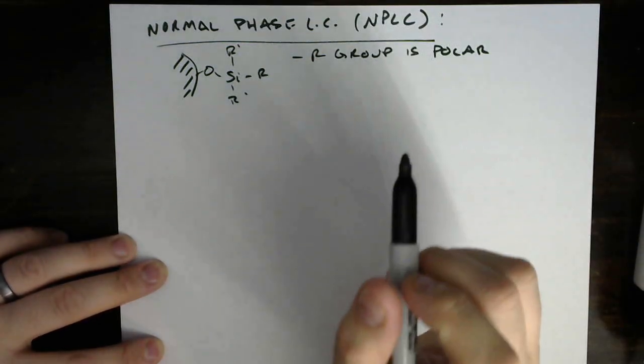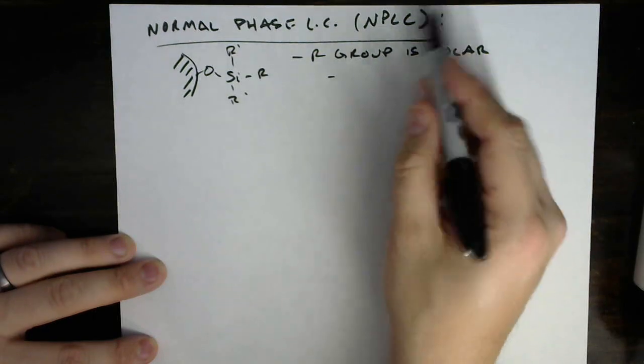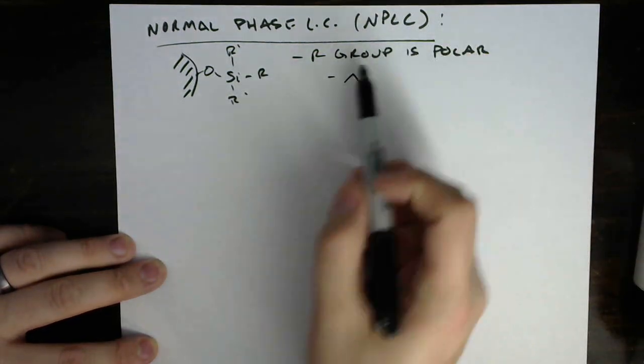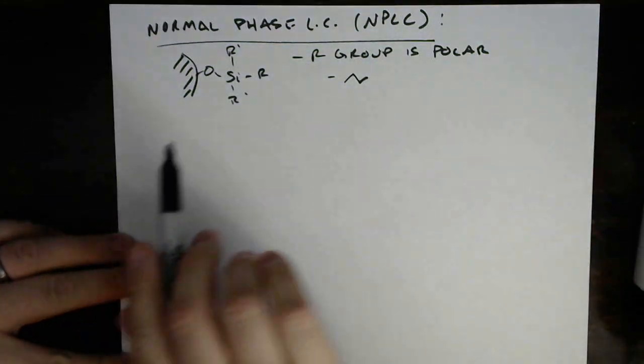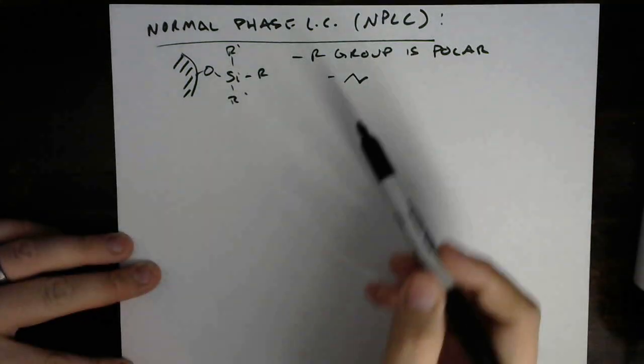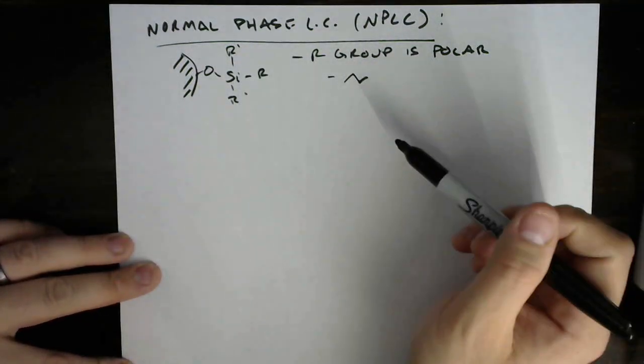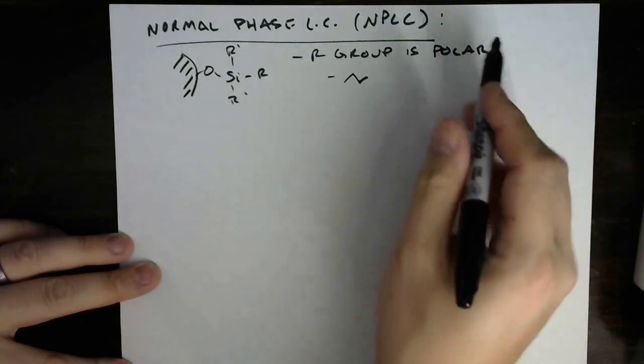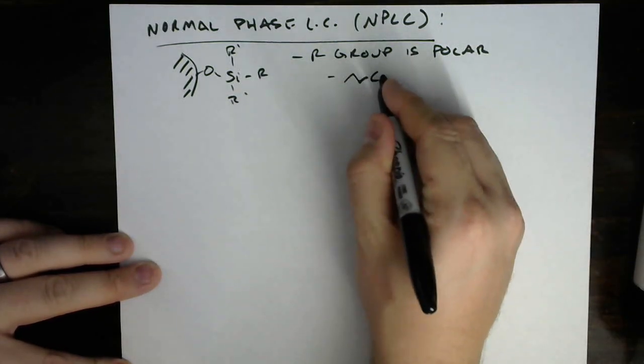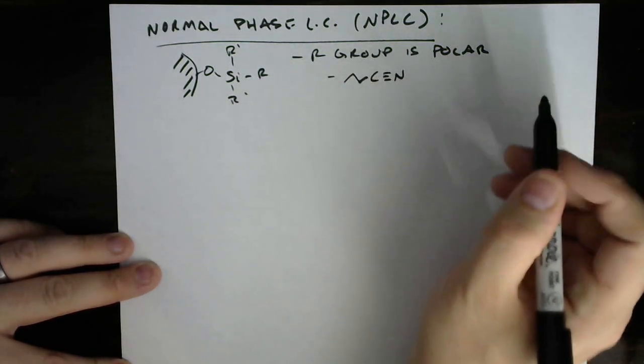So here's a couple of examples of what would make a polar R group. You generally have a couple of carbons of tether to put this out into the solution environment, and then something like that cyano group.